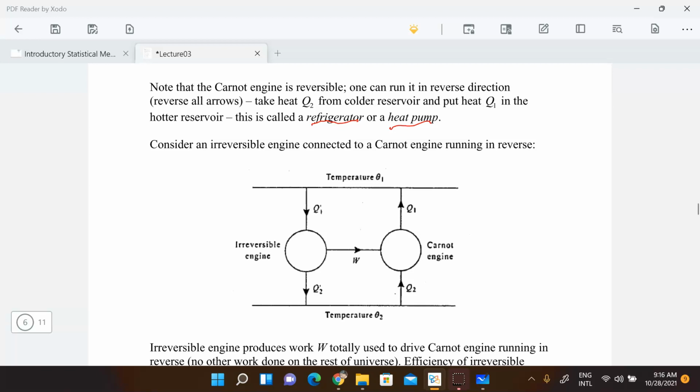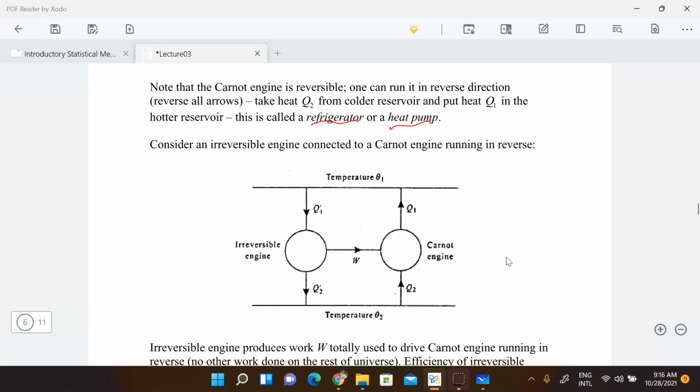One can think of another heat engine where the processes involved are not reversible. We call this an irreversible engine, and you can couple this irreversible engine to the Carnot engine.